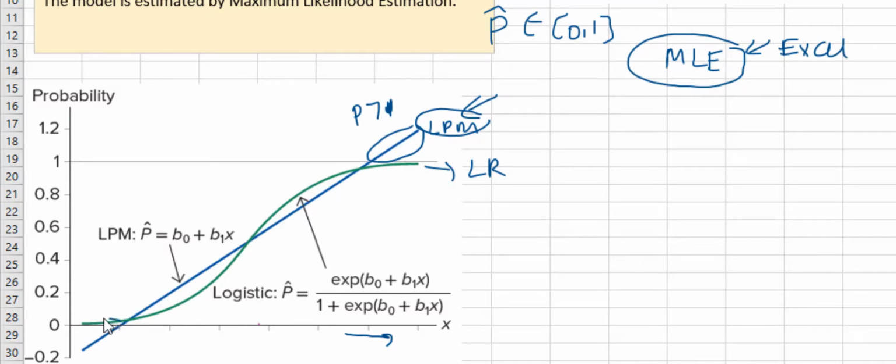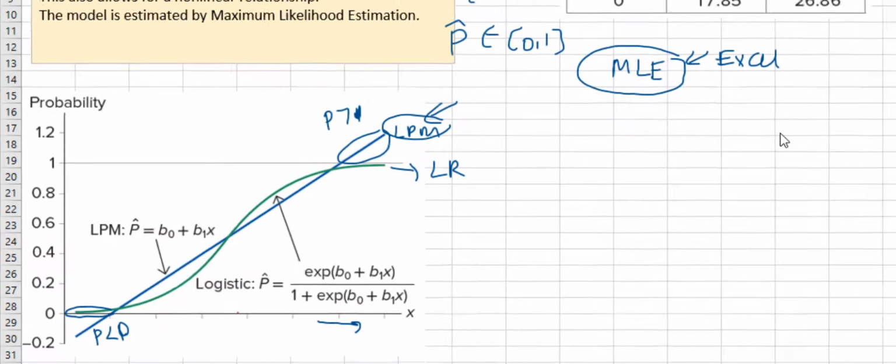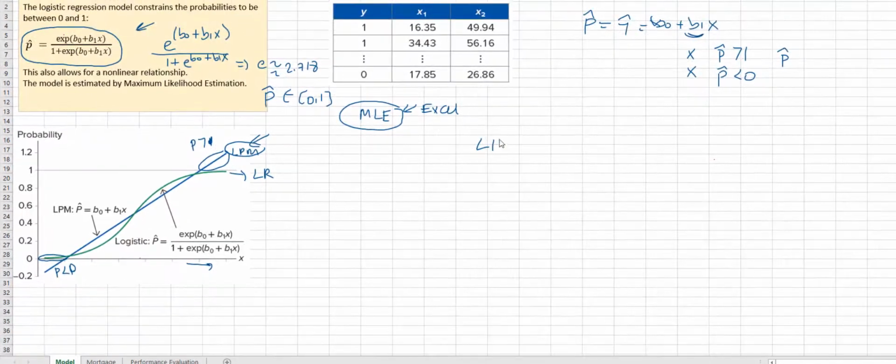And for small x, the model can predict probabilities less than 0. So we have 2 points here. In linear probability model, probabilities can be greater than 1 or less than 0. In logistic regression, probabilities are always between 0 and 1.